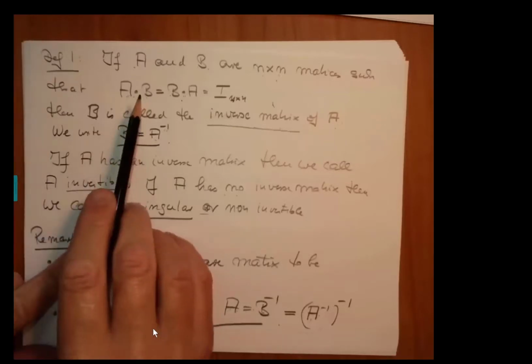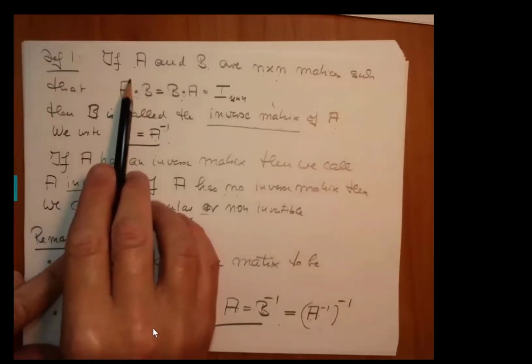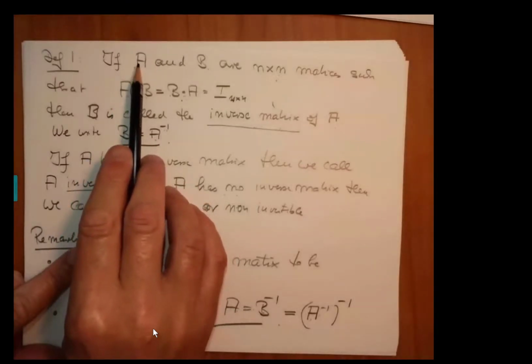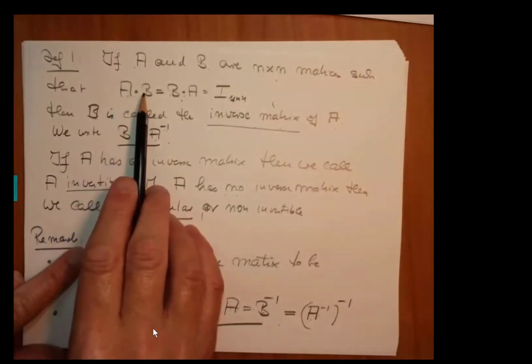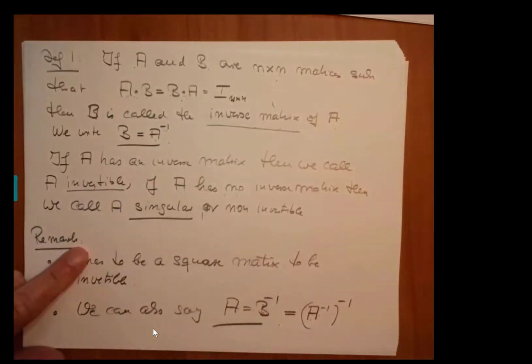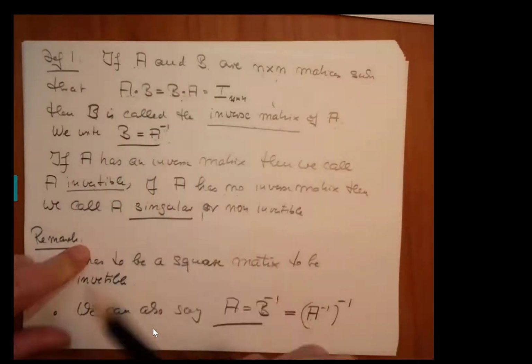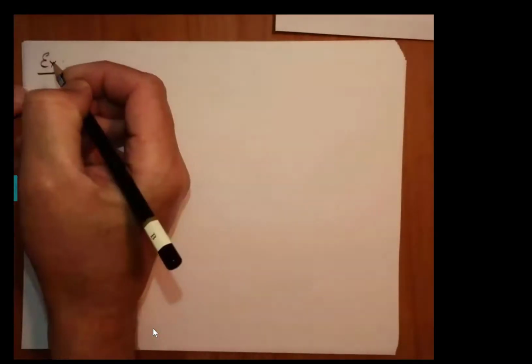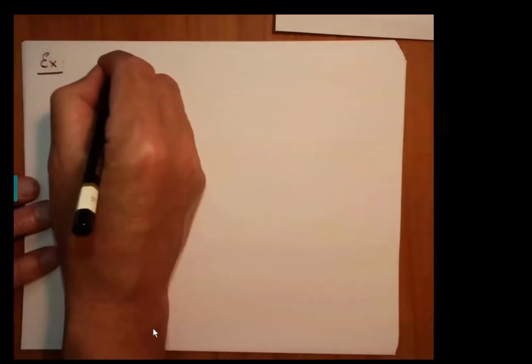So again, keep in mind, the definition is, if you'd like to find an inverse for A, you have to find a matrix B such that AB is equal to BA is equal to the identity. So our first example is, the book just gives you 2 matrices and we check that one is the inverse of the other.